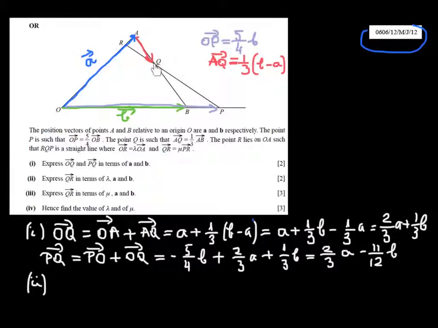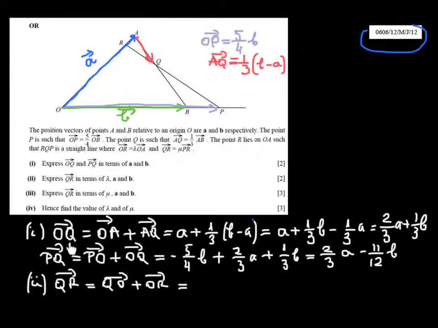Therefore, to go from Q to R, I can go from Q to O, and then from O to R. And I can write that QR equals QO plus OR. QO is the one that we found here.